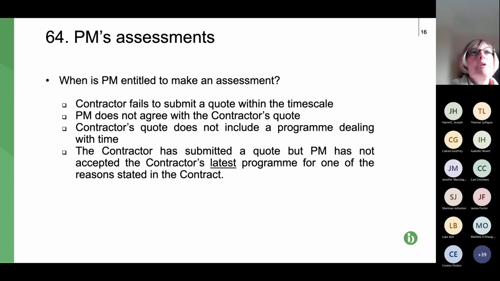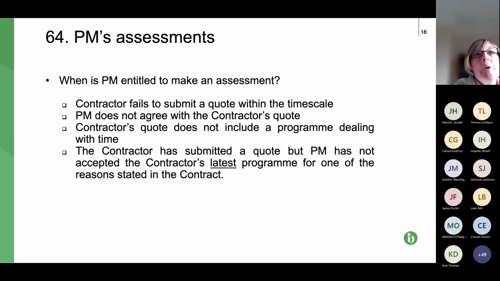So when can a project manager make an assessment? The project manager receives the quote, decides that it's not acceptable, and decides to make its own assessment. Well, four scenarios. First of all, if the contractor fails to submit a quote within the timescales. Secondly, the project manager doesn't agree the contractor's quote that's been submitted.